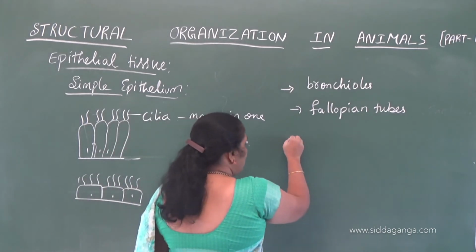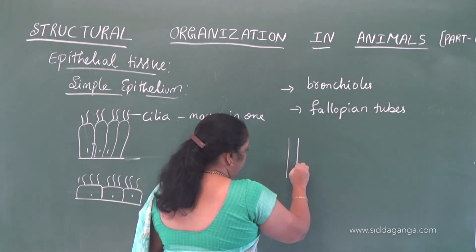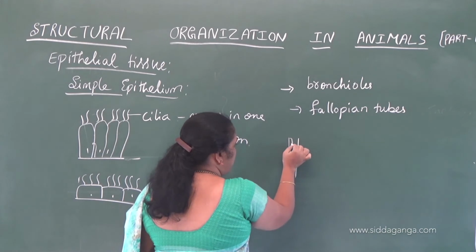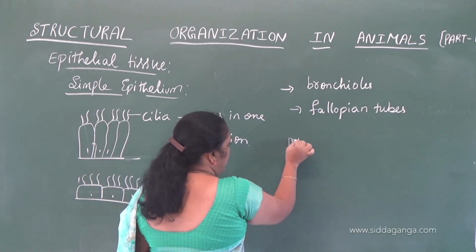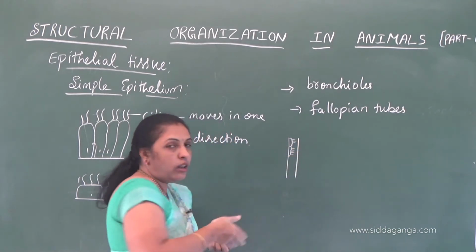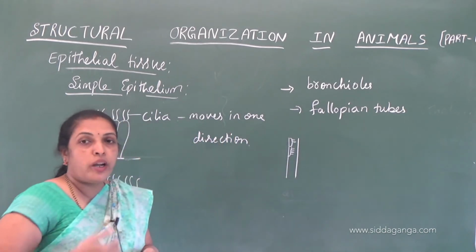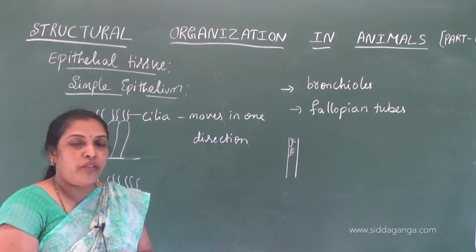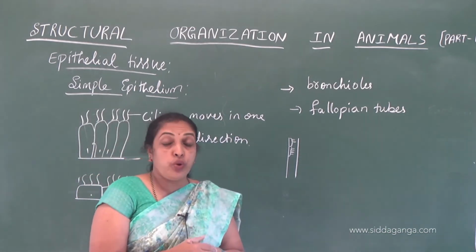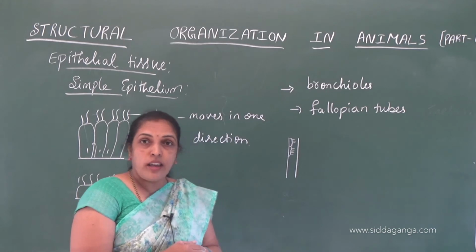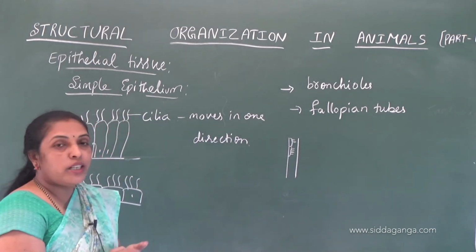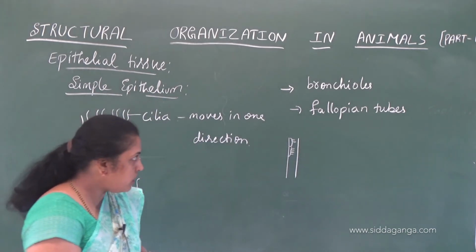In the bronchioles and in the trachea, when the cilia are present, the cilia push the dust particles towards the nasal cavity, or push the mucus towards the nasal cavity. That's the function of ciliated epithelium in bronchioles and in the trachea.